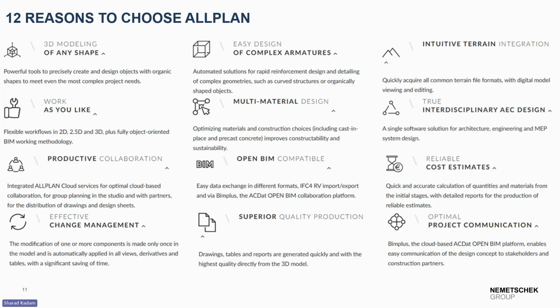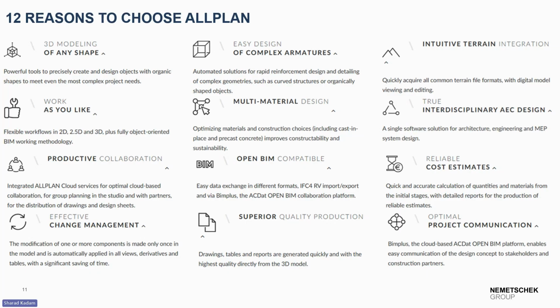The model can be exported through IFC to other software, whether it's Tekla or Revit. We have multi-material design, so we can do rebar, precast, and concrete all in one go. We don't need to go to various different software for different things.